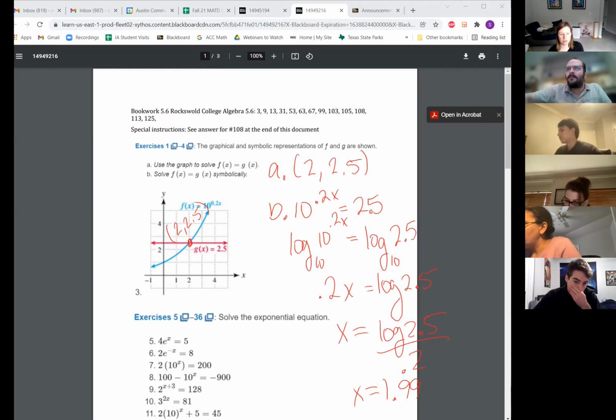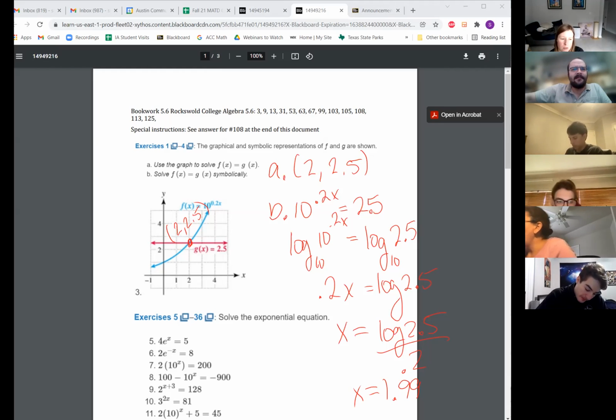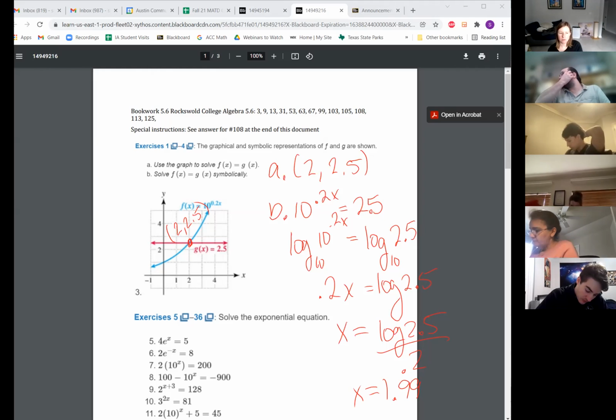The point they intersect at is 2, 2.5 on the graph. Okay, the y and x. So that actually does match our answer. We got 1.99, which if you round is 2. So for x, that works. All right, any questions on that one?